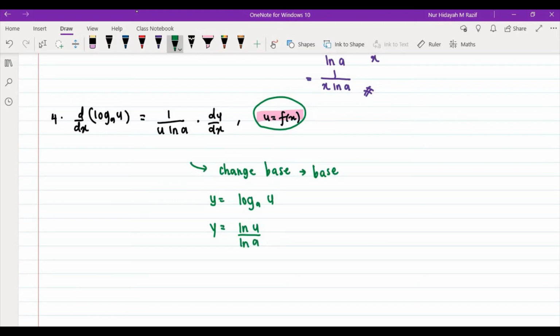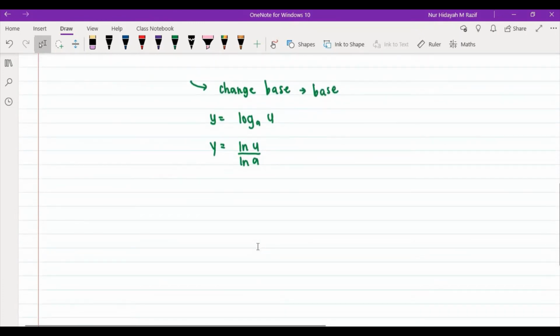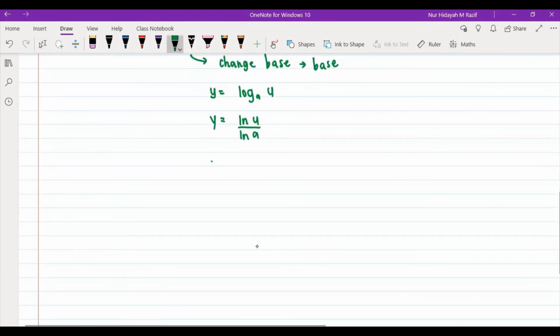If you want to differentiate this, 1 over ln a, which is a constant, will stay there. So dy dx is equal to 1 over ln a multiplied by the derivative of ln u with respect to x.